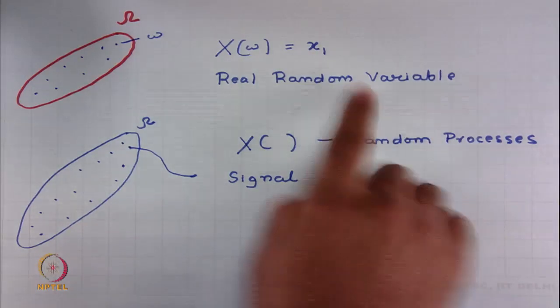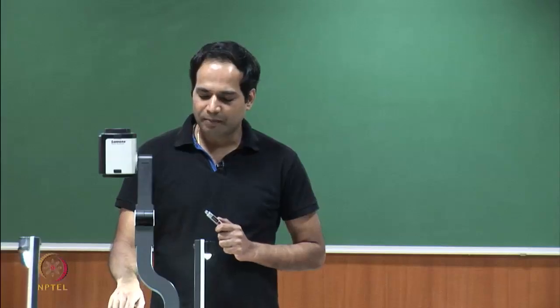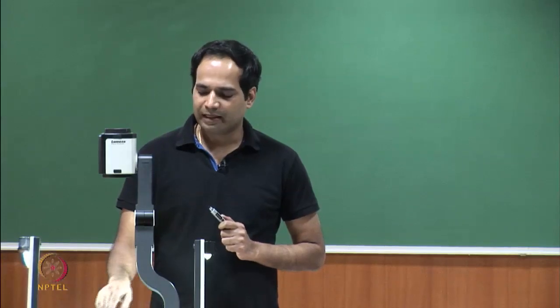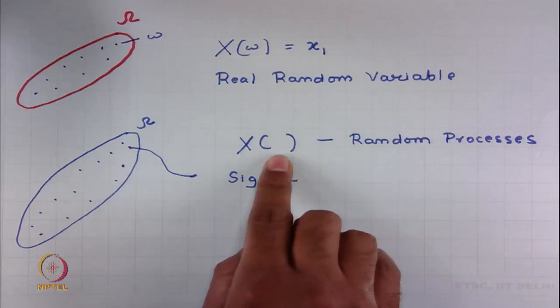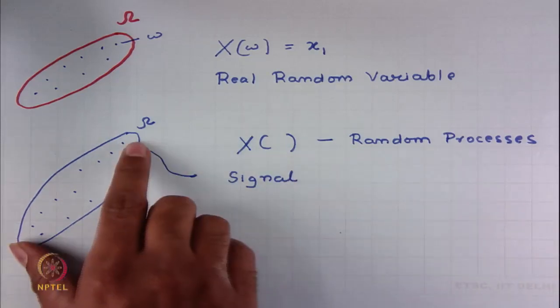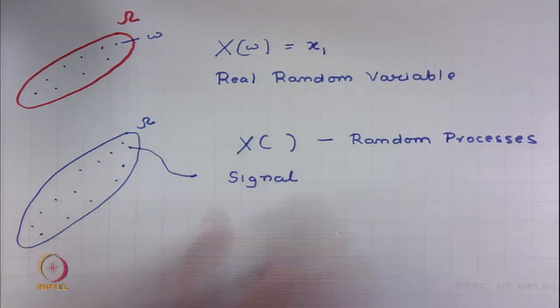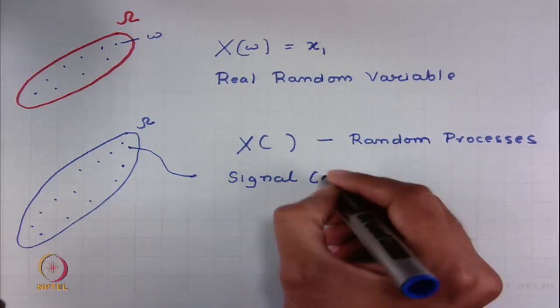A random variable is a function that provides a mapping between the sample space and the set of real numbers, whereas a random process is a function which provides a mapping between the sample space and a set of signals, and these signals can also be real valued signals.